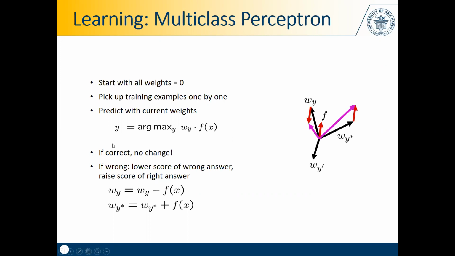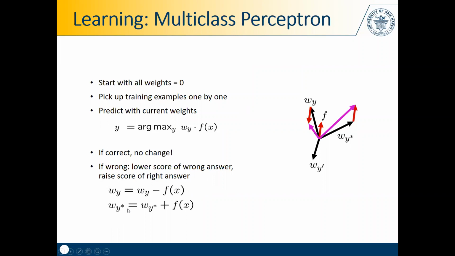Well, if we get the right answer, we don't change it at all. However, if we get it wrong, it means that instead of getting class Y star, we are getting class Y, right? This tells us that the current weight vector for class Y is biasing the answer too much towards class Y, so we need to decrease that emphasis.